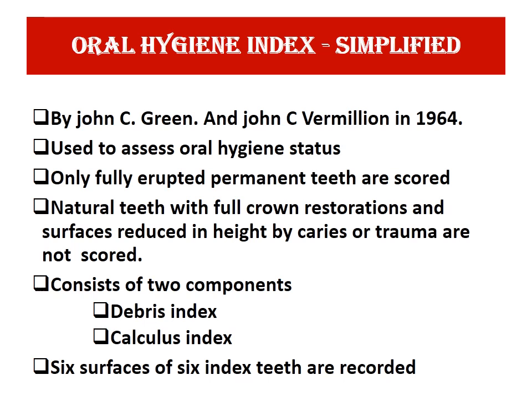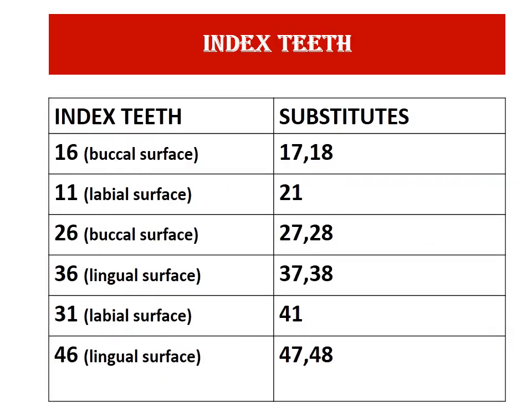It consists of two components, debris index and calculus index. In this index, 6 surfaces of 6 index teeth are recorded. The index teeth in this index are 16, 11, 26, 36, 31 and 46.